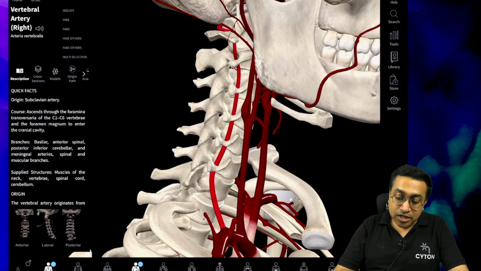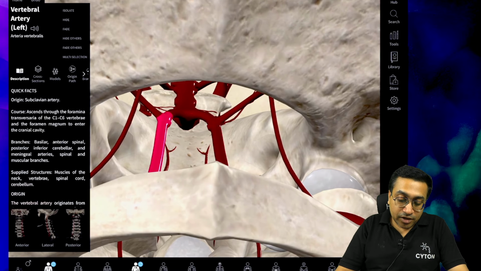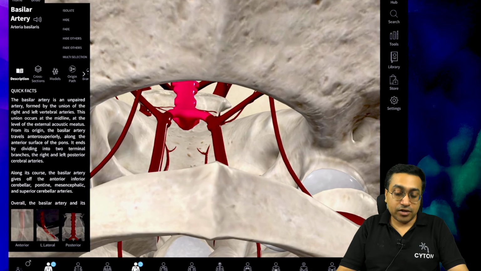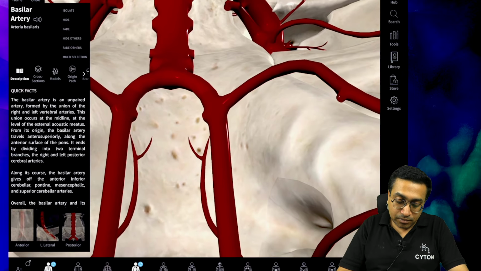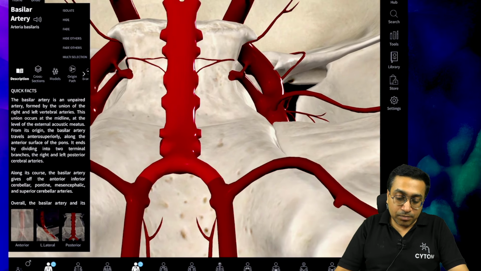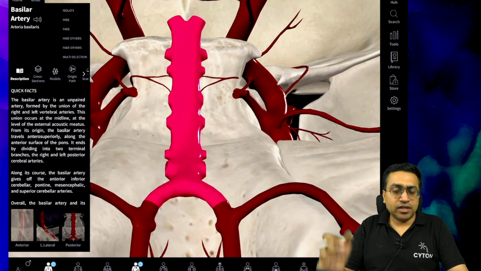So you can see this is entering inside the cranium. Okay, you can see it's going inside the cranium. Can you appreciate this? On either side this vertebral artery unites to form this basilar artery. If I just enter inside the cranium, so you can see this is the basilar artery, which we will study in detail further later on, in neuroanatomy and everything.